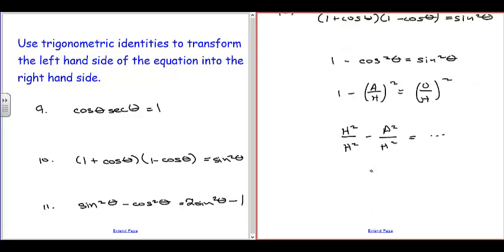Just leave that there. So you get hypotenuse squared minus adjacent squared over hypotenuse squared equals opposite squared over hypotenuse squared.